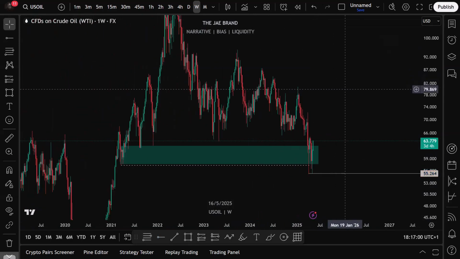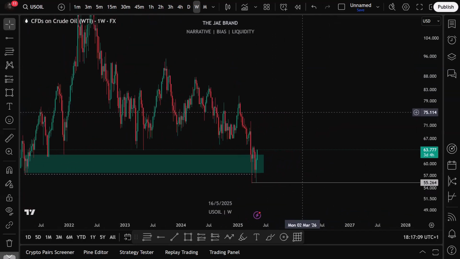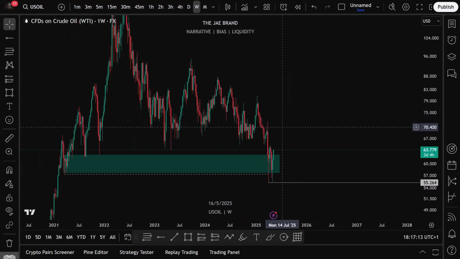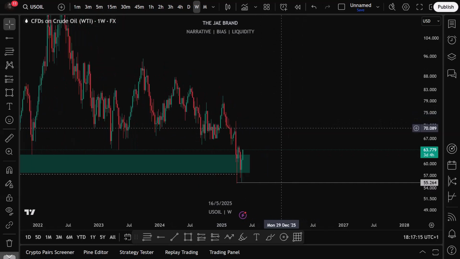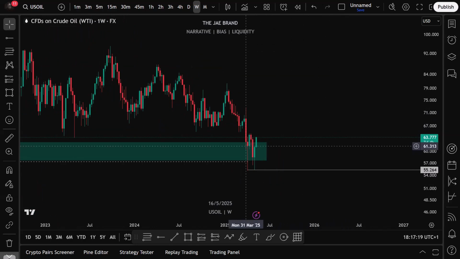There is one thing about swing trading, especially when you are starting from a higher time frame. It gives you a clearer view of the market direction, and it gives you confidence. So now I have seen that this single candle swept this low and then reclaimed with another weekly candle.